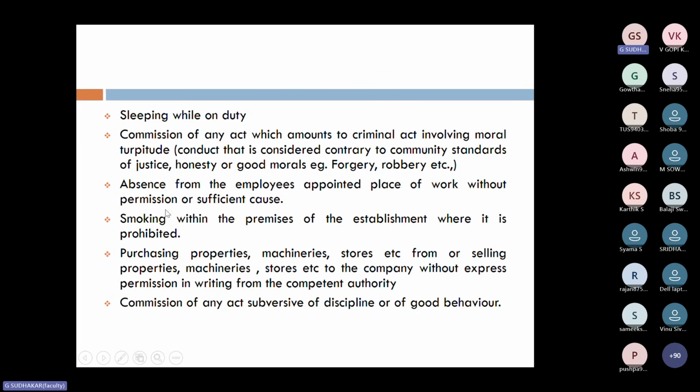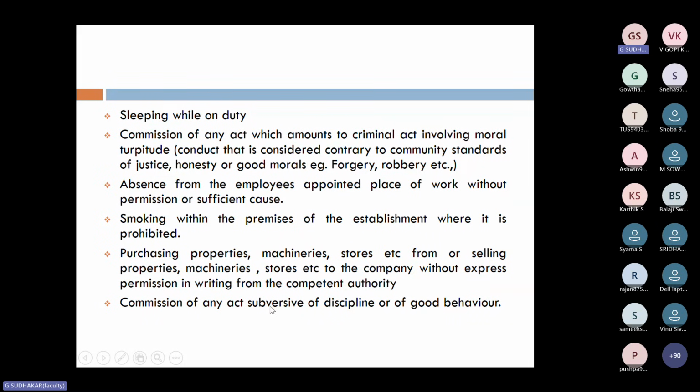The 1, 2, 3 are very important: sleeping whilst on duty, absence from the employee's working place, smoking within premises. Then purchasing properties, machineries: you have to inform the company, and this will come under Form 16. What are all the purchases involved? What are all the sales involved? The statement 1.4 will tell you what assets and liabilities were purchased and sold.